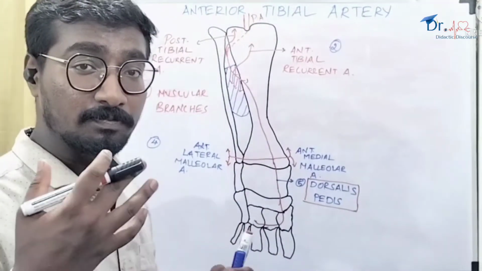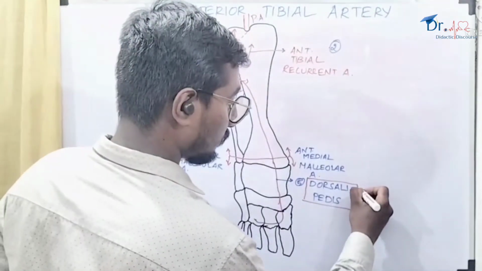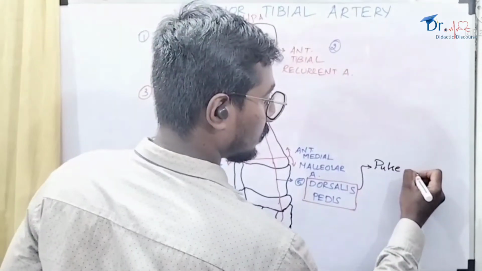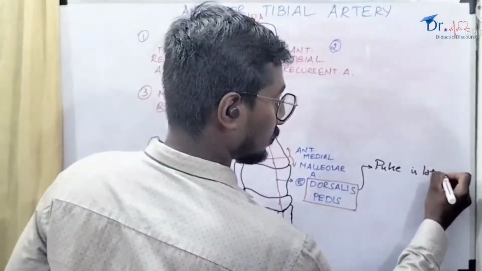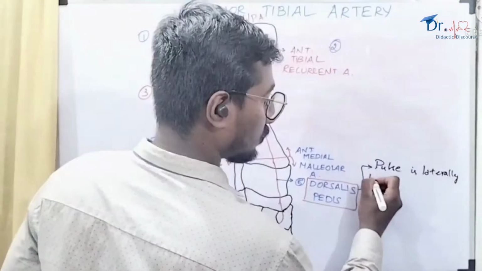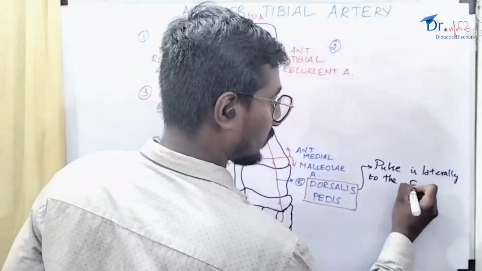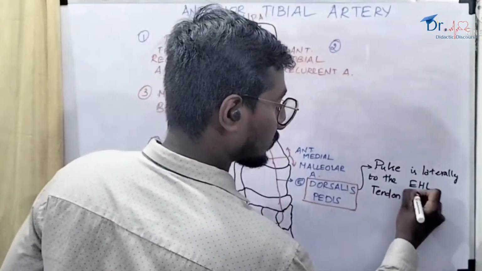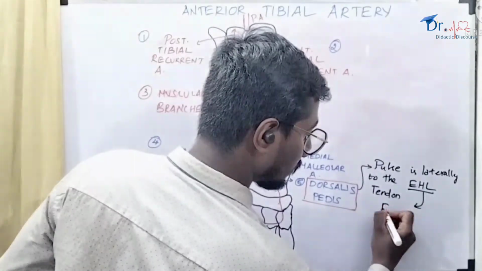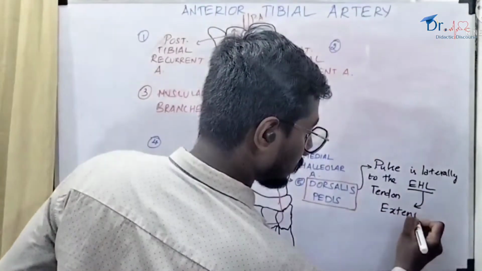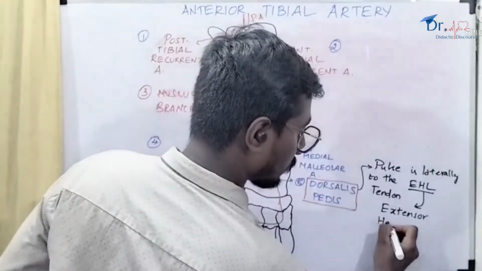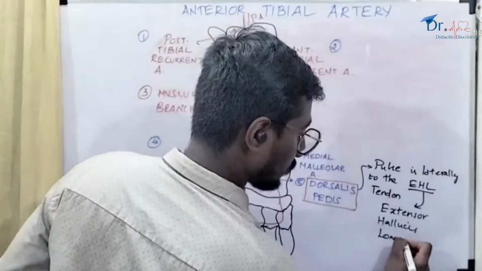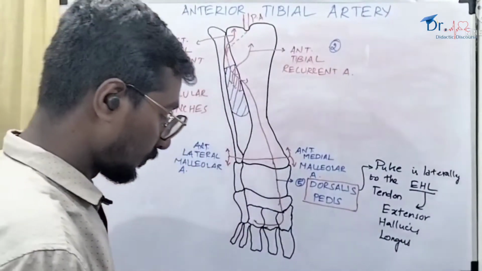The pulse is palpated lateral to the EHL tendon. The EHL tendon is nothing but the extensor hallucis longus. This is where you palpate the pulse.